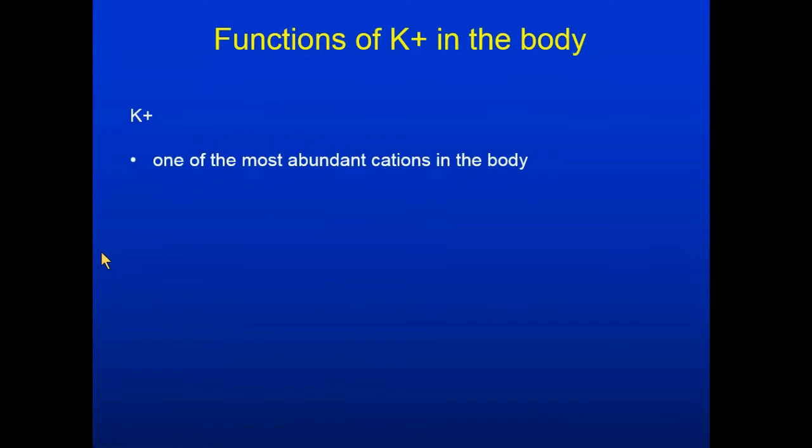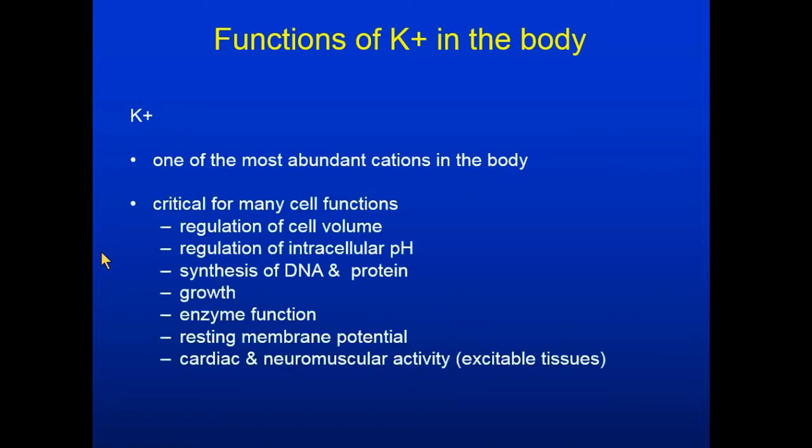As you know, potassium ion is one of the most abundant cations in the body. So what springs to mind when you think of the function of potassium ion in the body? If you said it is required for the normal functioning of nerve and muscle cells, you would be right.